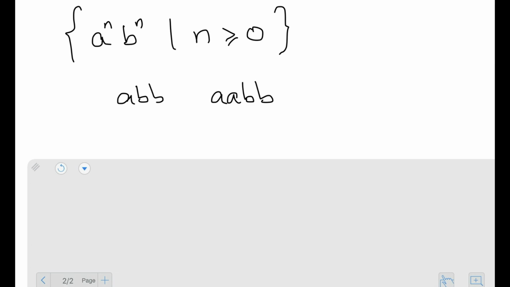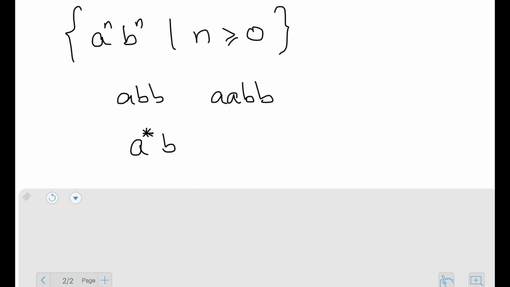And remember that the reason it's called a finite automaton is because the number of states needs to be finite. So keeping that condition in mind, this is not going to be a regular language at all, because this is not equal to a star b star, because a star b star would accept this one as well and this one, but I want this one right here to not be accepted.